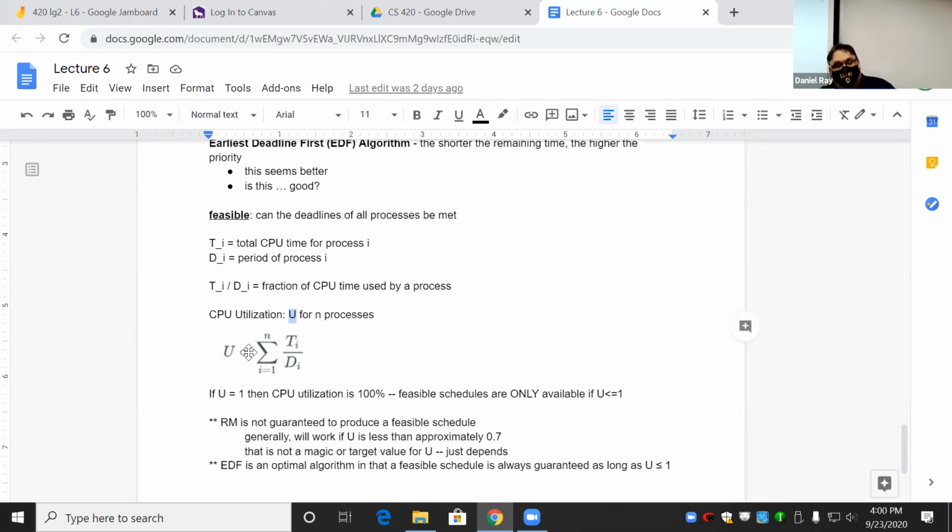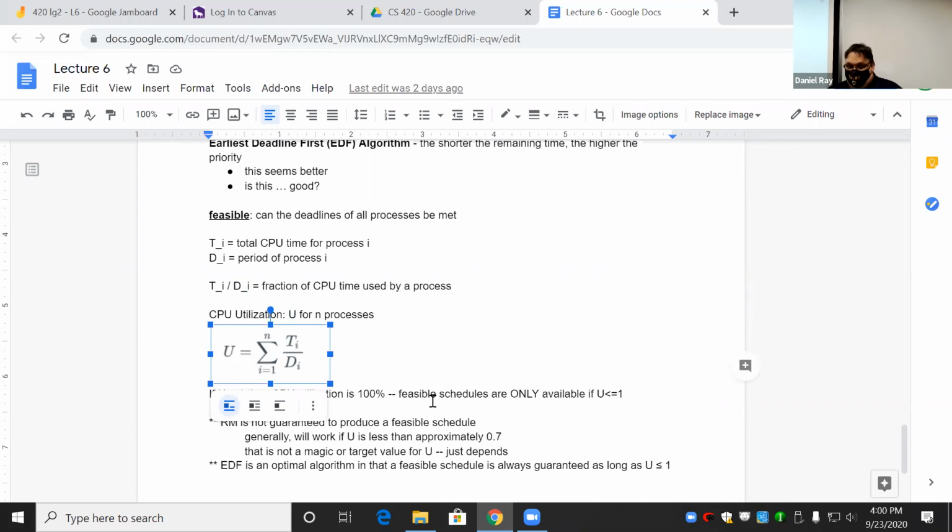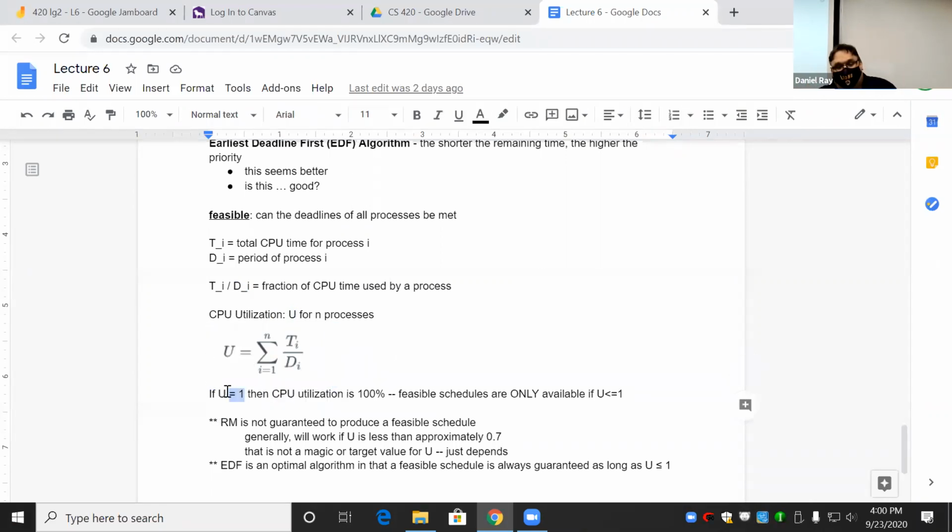And this gives us the sum. So this says that the sum for I goes from 1 to n, where n is the total number of processes. The sum of all of those processes' CPU fractional time, CPU ratio, that's U. So if U is 1, then the CPU utilization is 100%. If U is less than 1, then the CPU utilization is less than 100%.